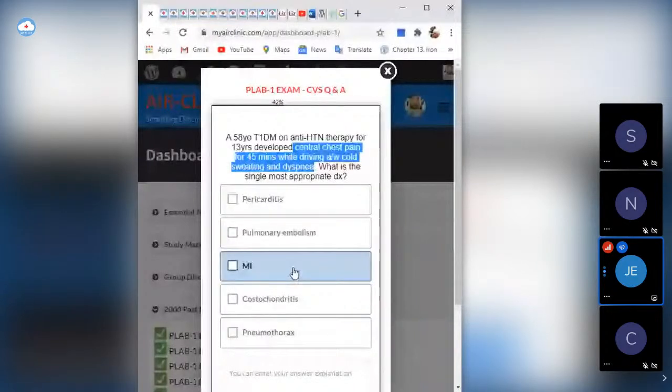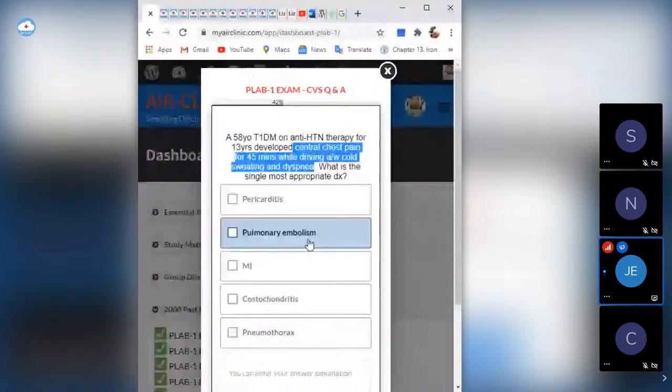Is driving a relaxing activity or a strenuous, stressful activity? Then also look at the associations: cold sweating, that's diaphoresis, and then dyspnea. So it's between pulmonary embolism and myocardial infarction.